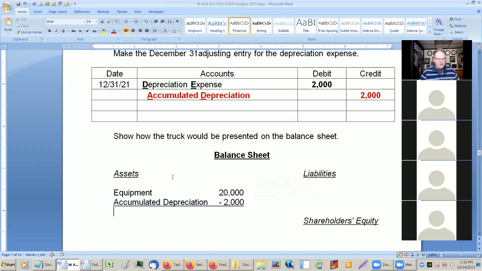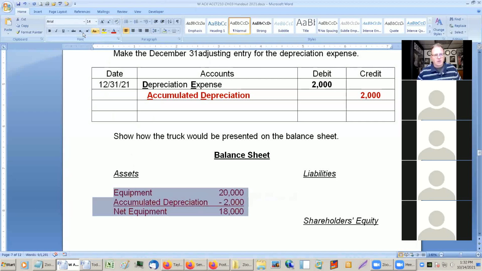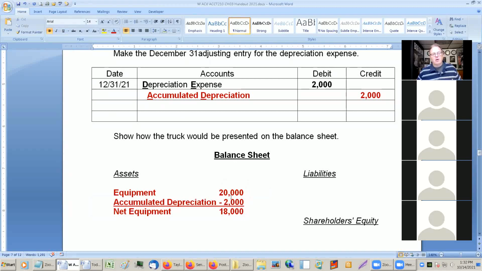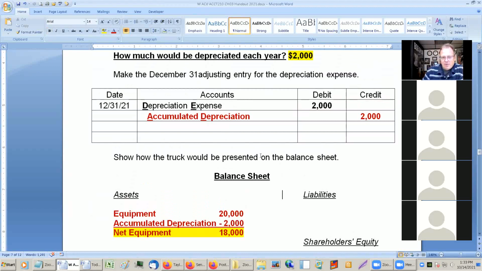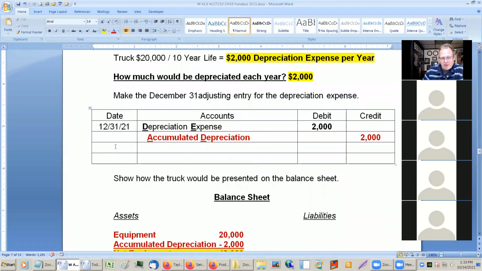And so you're going to have what they call the net equipment, which will be 18,000. This amount down here is what you're going to add in on the balance sheet. So it's wacky, but there's a reason why we do it. I'll just show you in a minute.